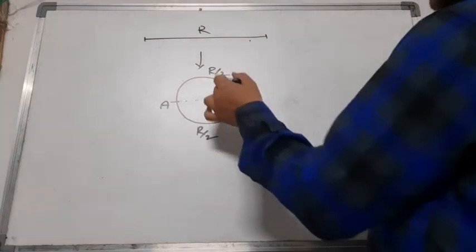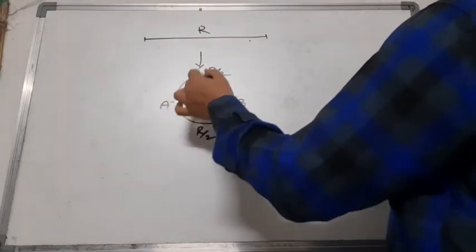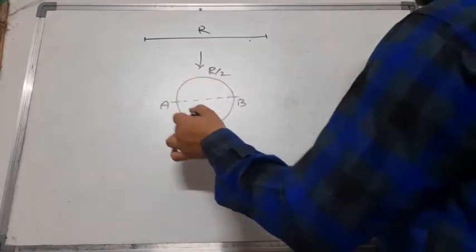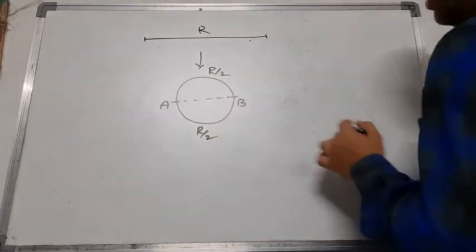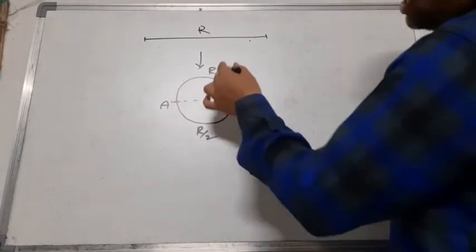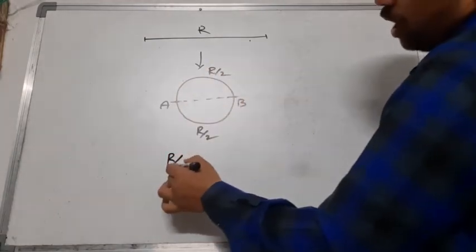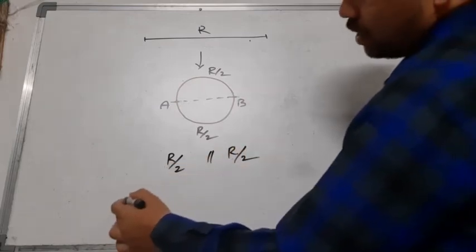So two resistors are connected to a common point. The first end of R by 2 is connected to the first end of R by 2. Second end of R by 2 is connected to second end of R by 2. So whenever these two resistors are connected like this, they are parallel to each other. So R by 2 is parallel to R by 2. So what is the effective resistance now?